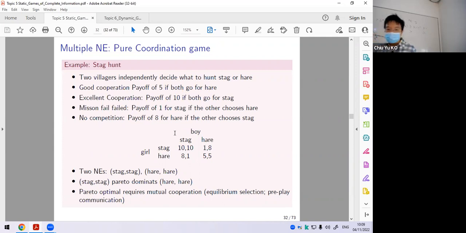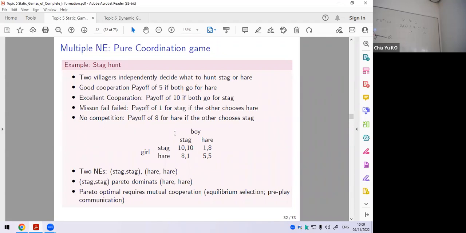It's not the strategy dominating, it's not about the strategy, it's about the outcome. It's like the Pareto dominance, the same as what we learned in general equilibrium. But very good question. So this outcome is better for everyone compared to this one.